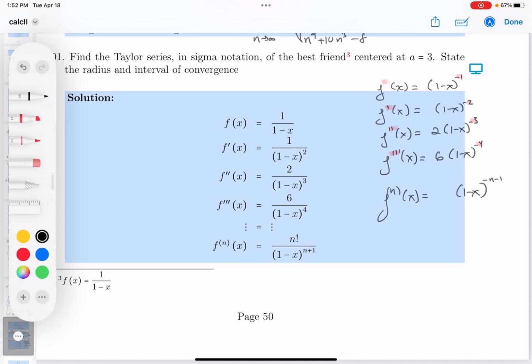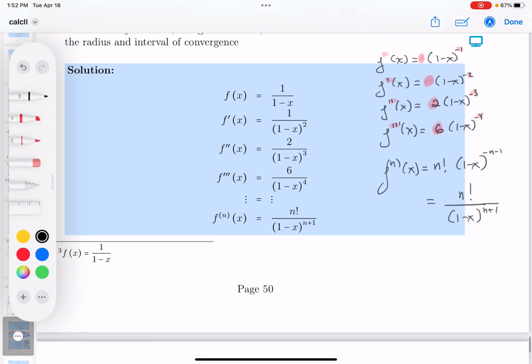The coefficients are 1, that's 0 factorial, then 1 factorial, 2 factorial, 3 factorial. So I'm going to put down n factorial, and rewrite it a little differently: n factorial divided by (1 - x) to the n plus 1.